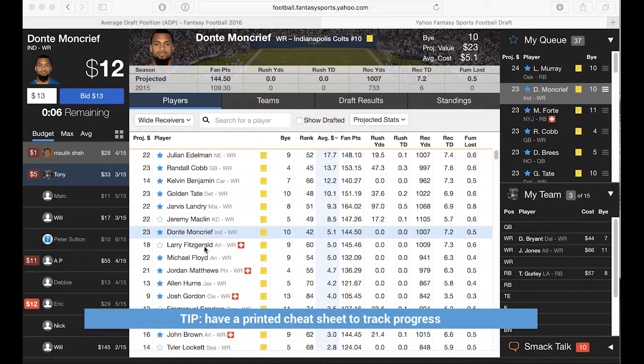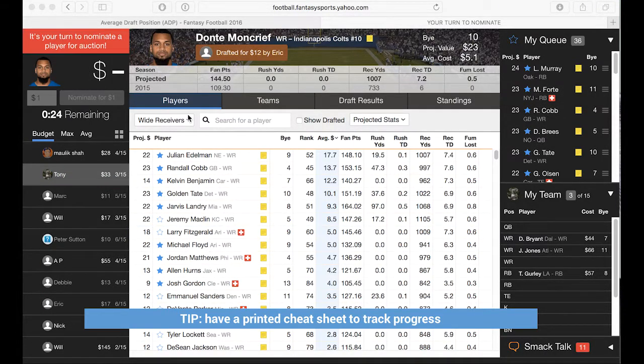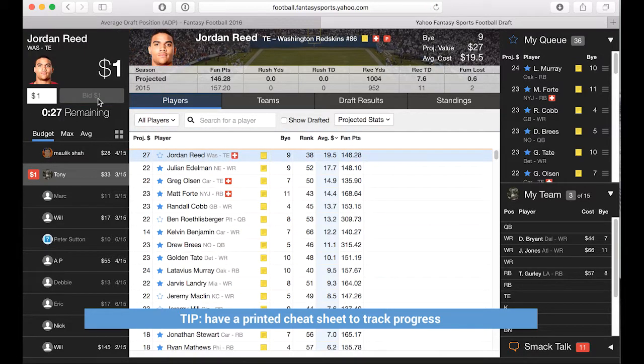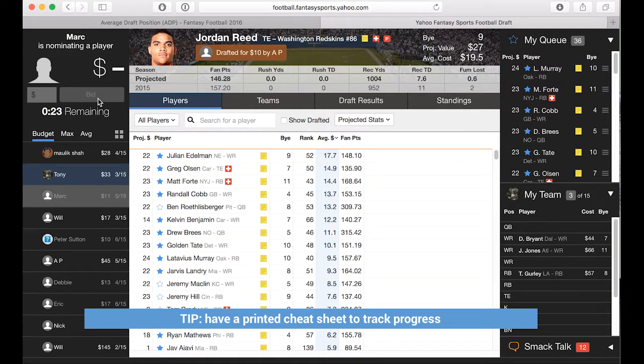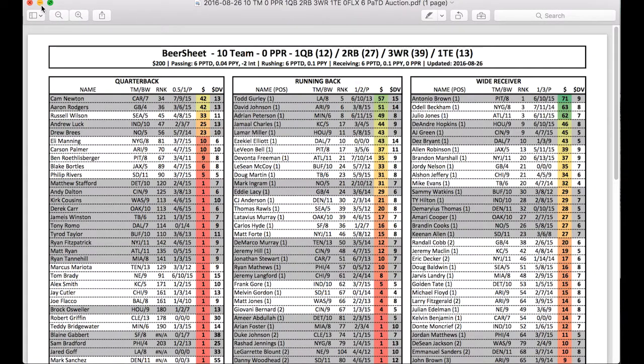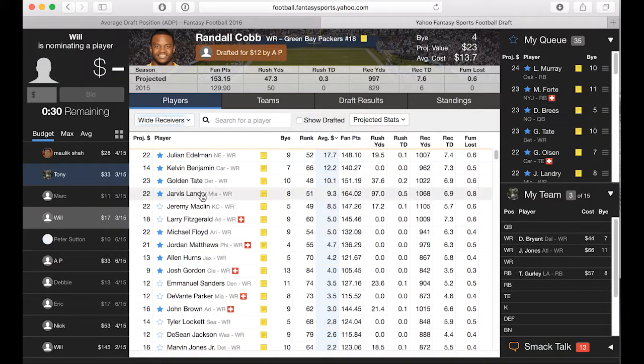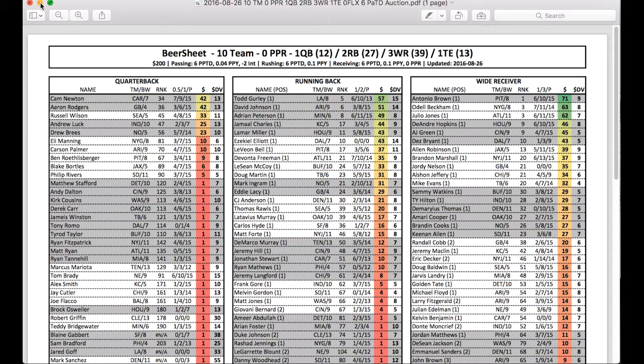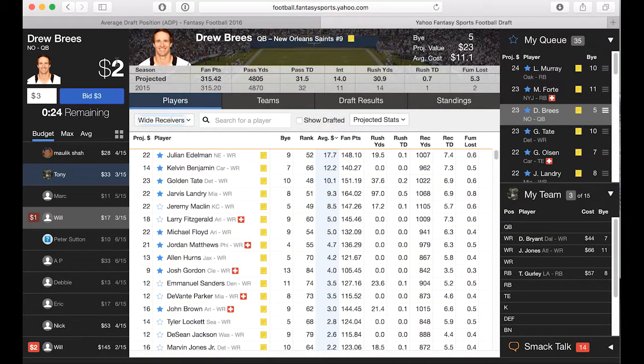Another tip I have for you is to keep track of who's being drafted. While this Yahoo interface is nice and it has a lot of features, it's not really good for glancing at and identifying good deals. What I recommend is that you either have an electronic version of your cheat sheet or a printout of your cheat sheet where you cross out players who have already been drafted.